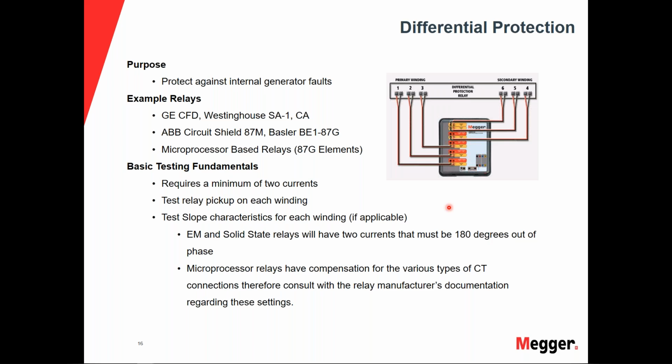That way, just like it is in the system, you can actually push in three-phase current on both ends, and then also do your faults in the same manner. We also want to check pickup on each winding to make sure that our settings are valid and that everything is calculating out properly.